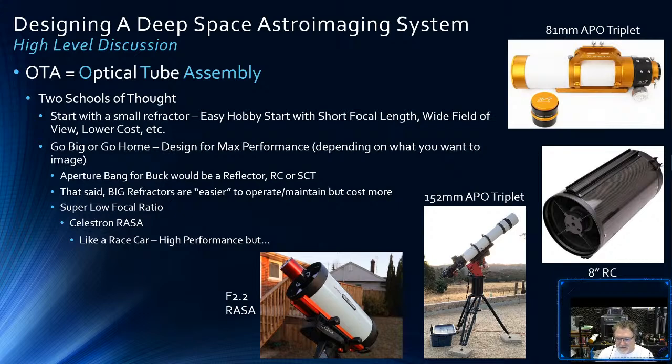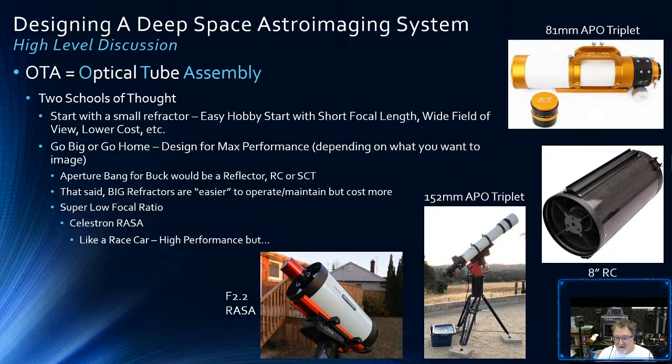That said, big refractors are less fiddly in terms of something called collimation, keeping all the optical components aligned. They're easier to operate and maintain, but they do cost more for the most part. And they make beautiful images with no diffraction spikes.